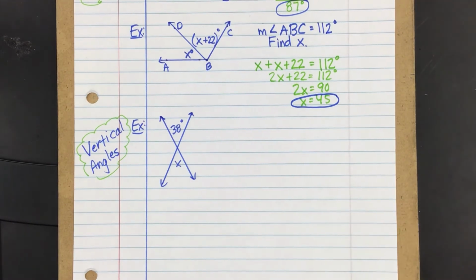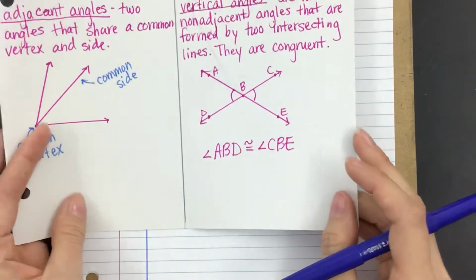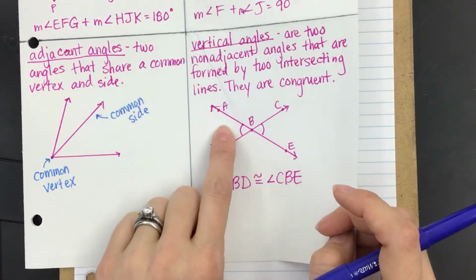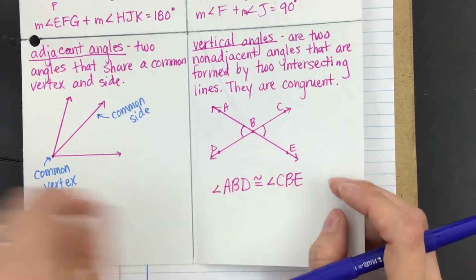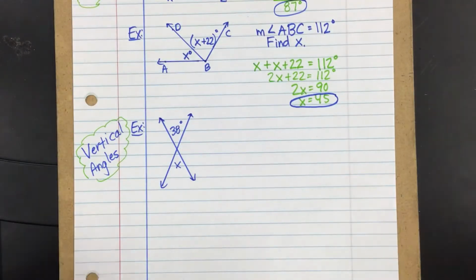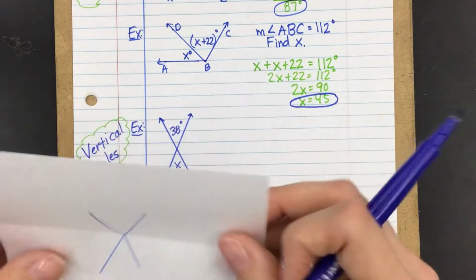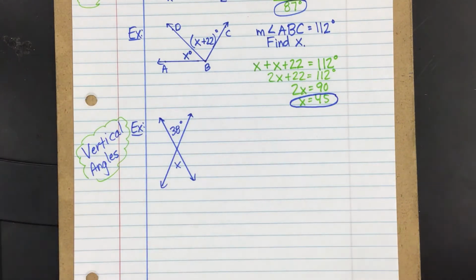If we look back at our vocabulary sheet that we started, vertical angles have the same measure, okay? So for example, this is not going to be exactly the same. Ooh, actually that's pretty close, but let me get a new piece of patty paper and I'll show you.